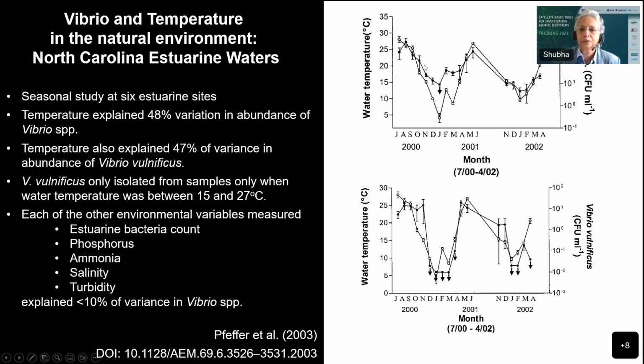They showed that there was a close relationship between water temperature and Vibrio genus, all the species in that genus, or if you take the Vibrio vulnificus by itself. And this relationship with temperature was stronger than many other environmental variables that they measured, such as total bacterial count, phosphorus, ammonia, salinity, and so on.